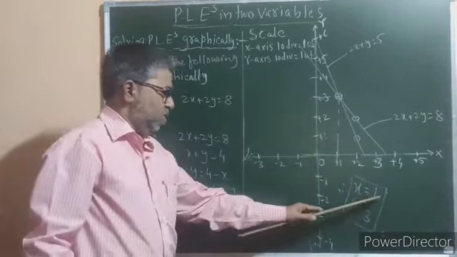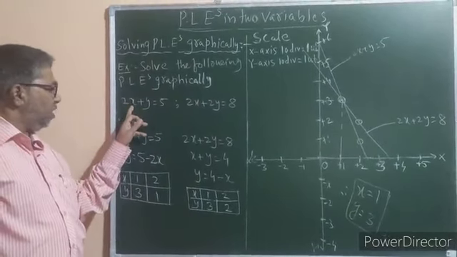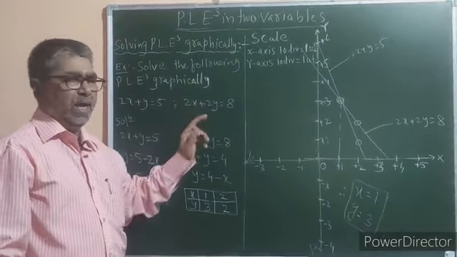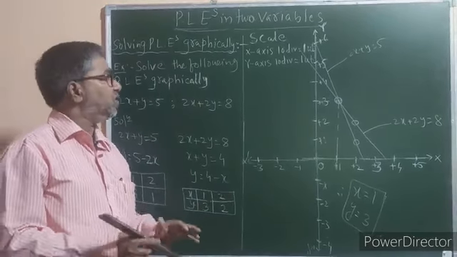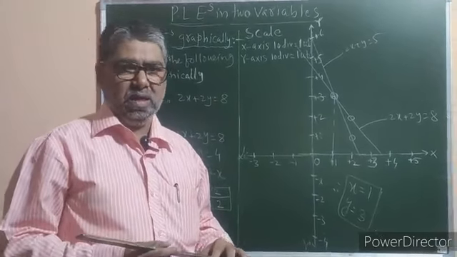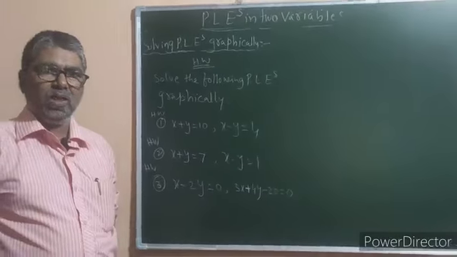So in this way (1, 3) is the solution set for the equations 2x plus y is equal to 5 and 2x plus 2y is equal to 8. So this is how, by the graphical method, we solve a pair of linear equations in two variables.